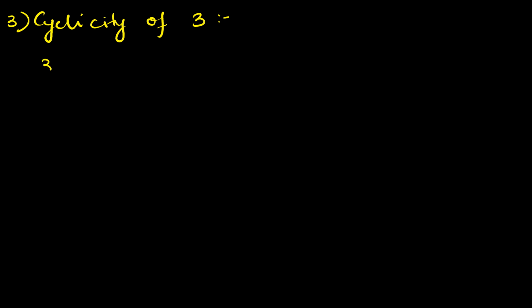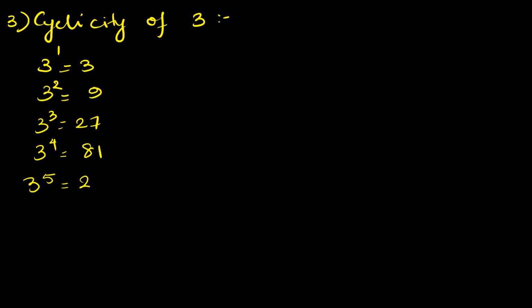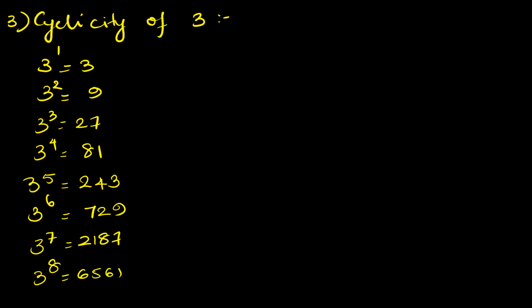First, we can write 3 raised to 1 is 3, 3 raised to 2 is 9, 3 cubed is 27, 3 raised to 4 is 81, 3 raised to 5 is 243, 3 raised to 6 is 729, 3 raised to 7 is 2187, 3 raised to 8 is 6561. Here the unit digits are 3, 9, 7, 1. After an interval of 4, again it repeats 3, 9, 7, 1.